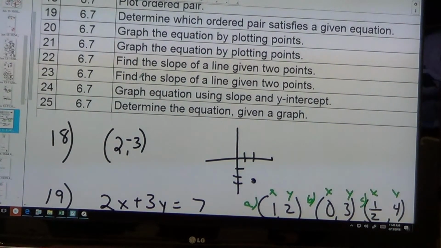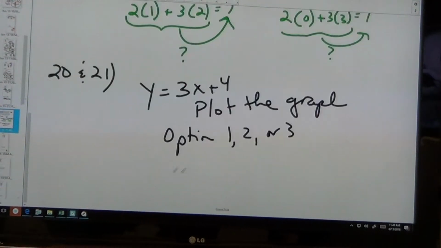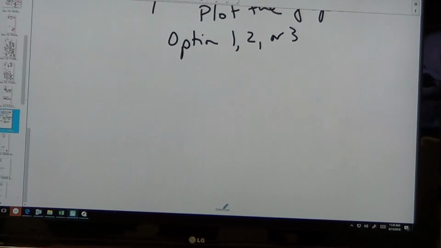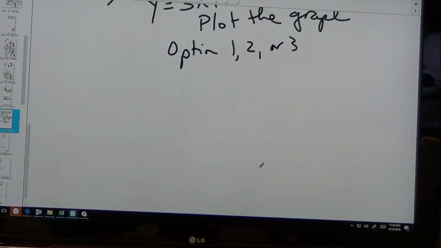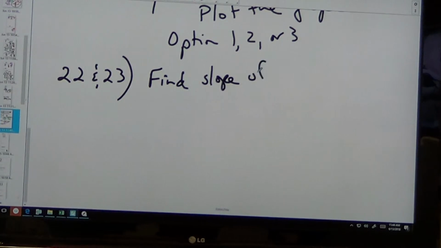You have two that say find the slope of a line given 2 points. So we haven't done any of those, but 22 and 23 say find slope of a line given 2 points.